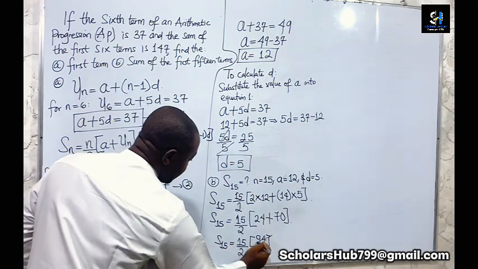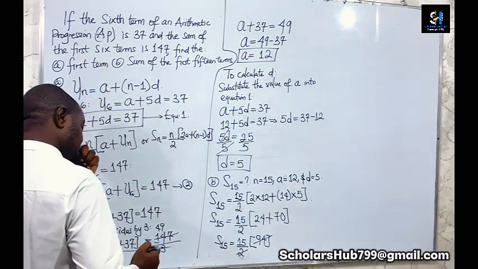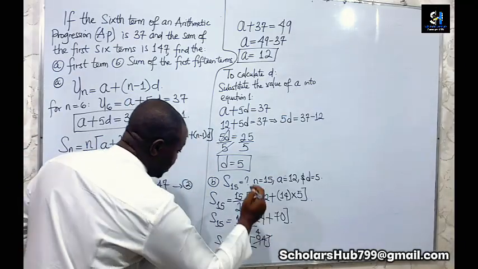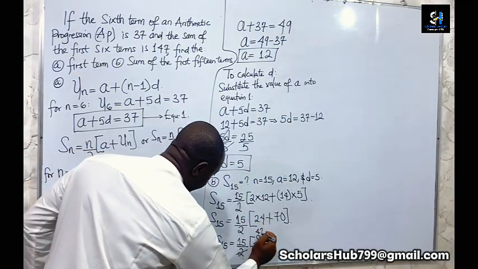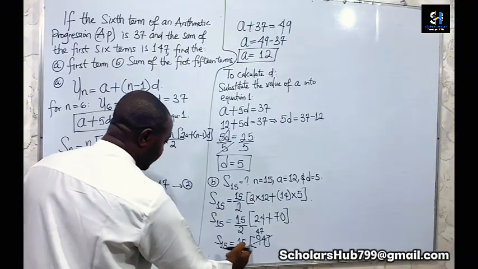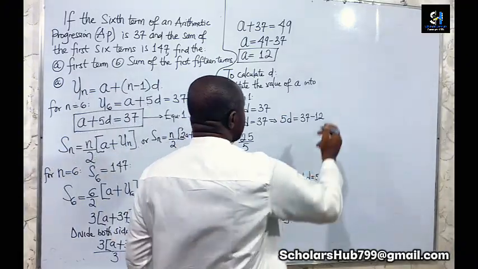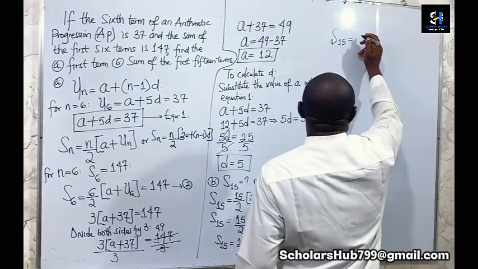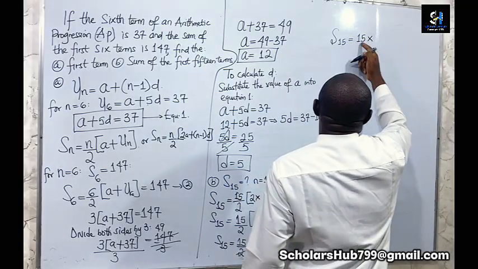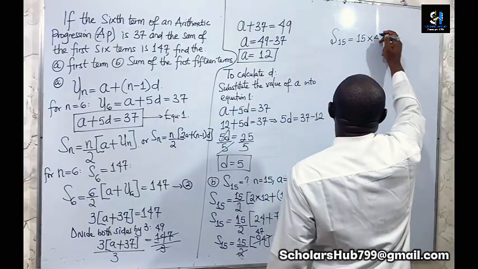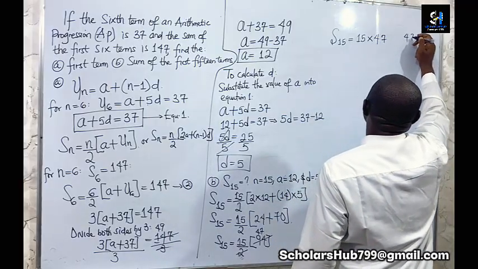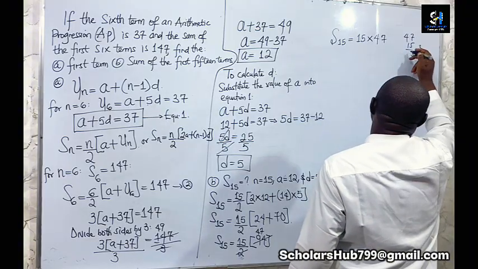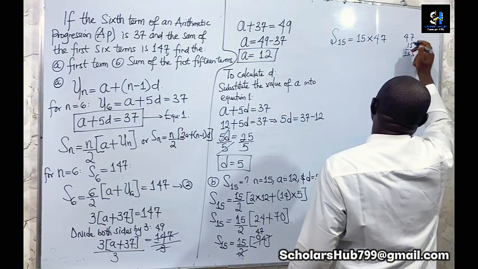So we have 94 divided by 2, which will be 47. So we have 47 times 15. The sum of the first 15 terms will be whatever we get when we multiply 15 by 47.